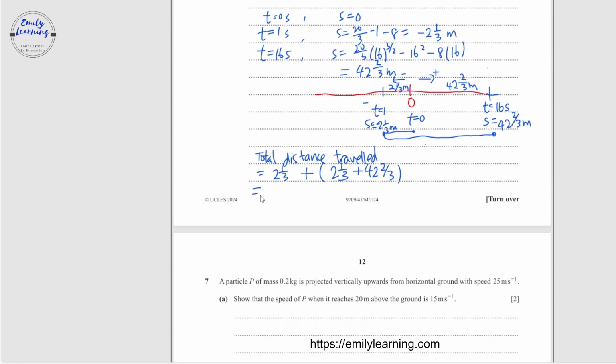Now let's add up everything, which gives 47 1/3 meters. So the total distance traveled will be 47 1/3 meters, or 142/3 meters.